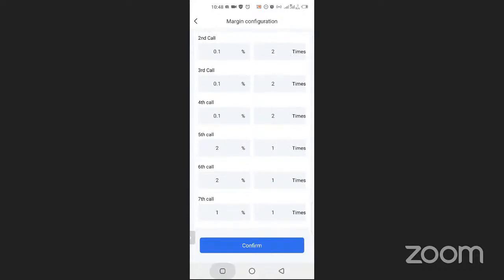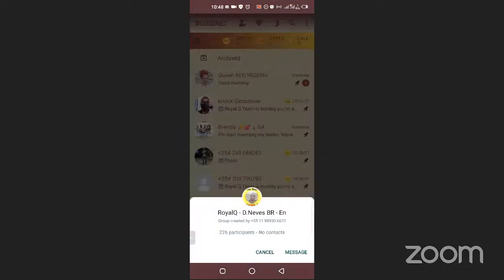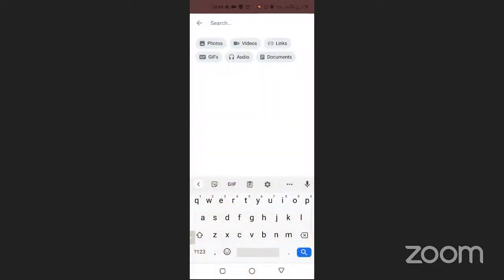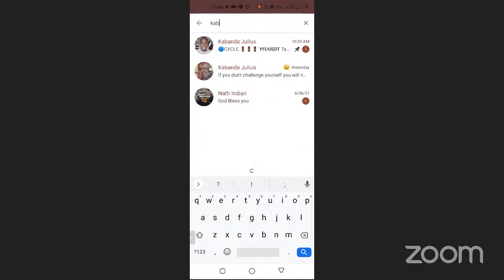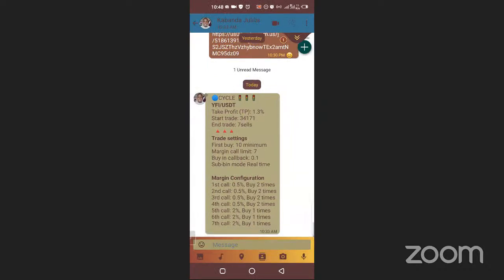But now look, someone gives a signal. I'm not saying this signal is right. For example, let me choose this. Someone gives a signal and says, I think YFI USDT will perform well today.